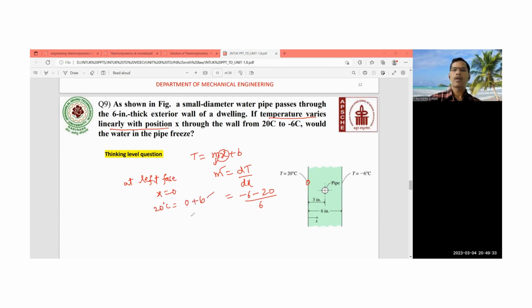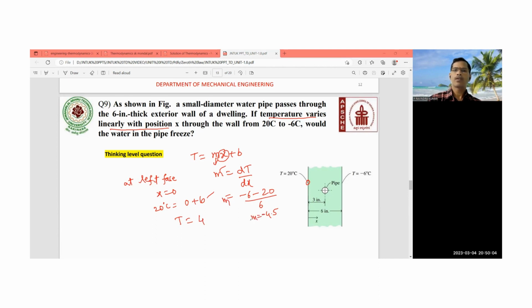So you will get the value of b in this particular case. Then what you have to calculate is whether the water is going to freeze or not. So T is equal to, you will get the slope from this: minus 26 divided by 6. So more or less you will get it as something like 4.5.